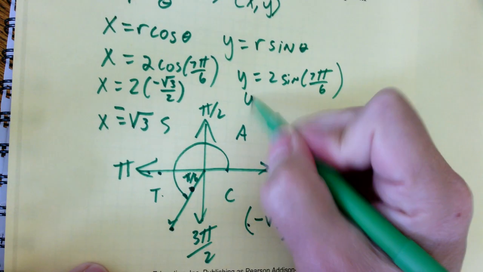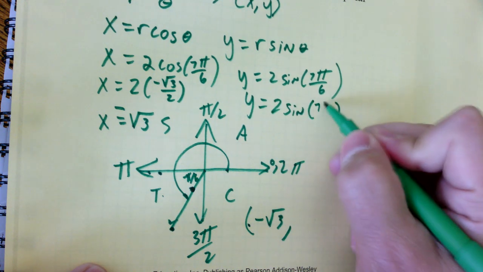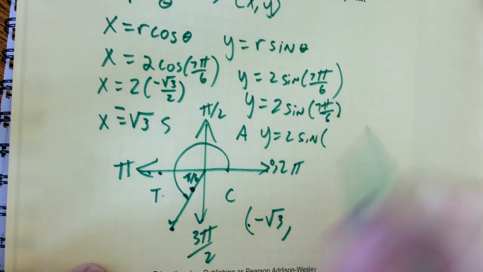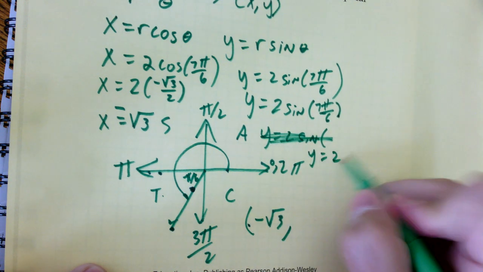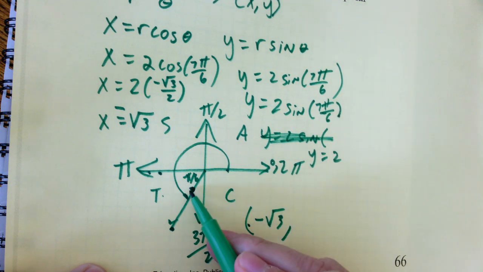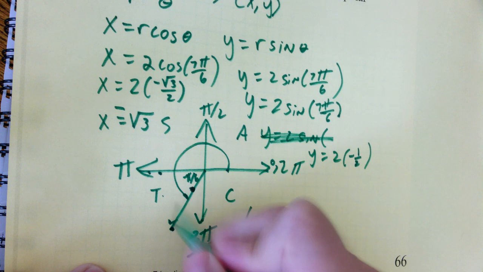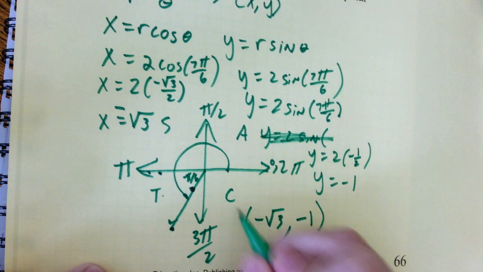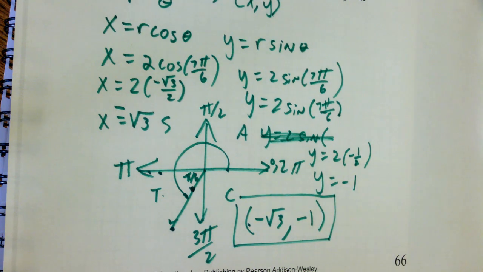And then we find the y. y equals 2, and then the sine of 7 pi over 6, the reference angle is pi over 6 or 30, is 1/2, but it's negative because the y value is negative. And we have our rectangular coordinates. And that's all you have to do for that.